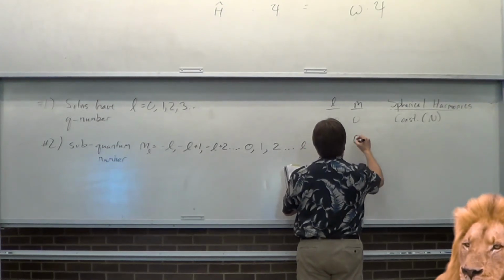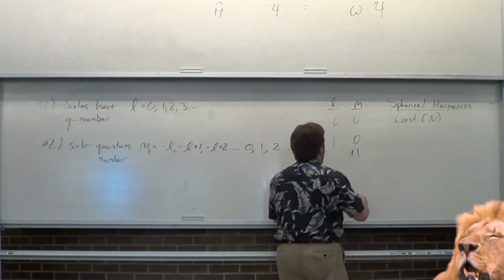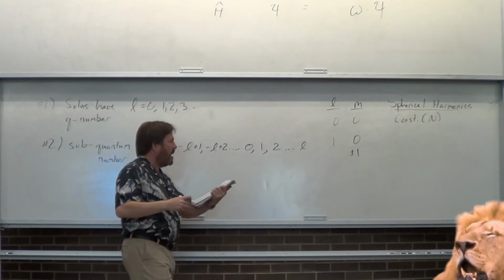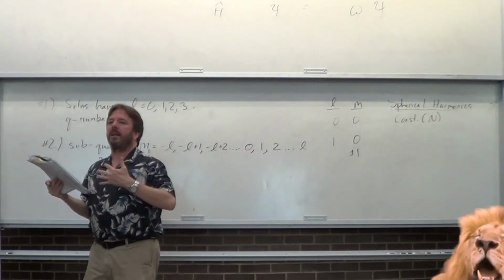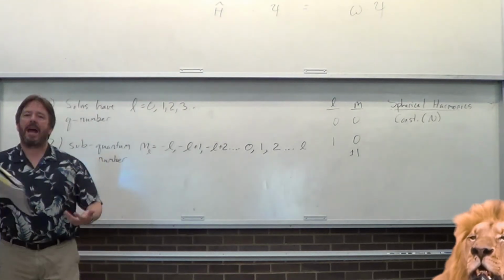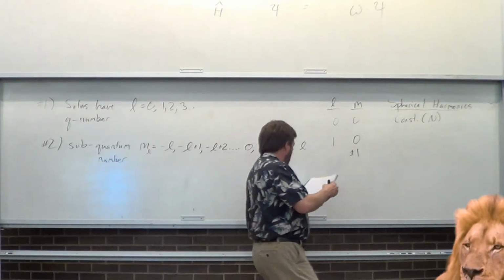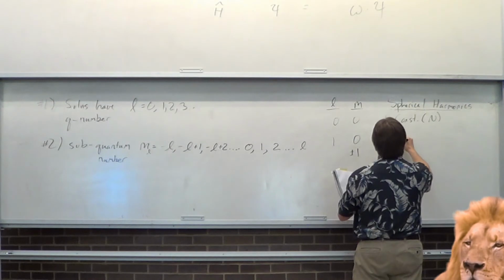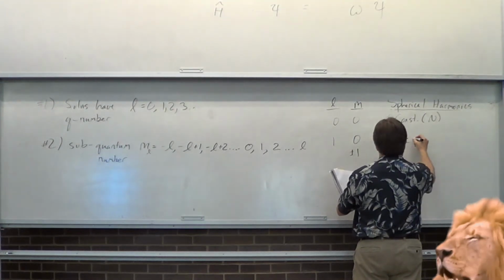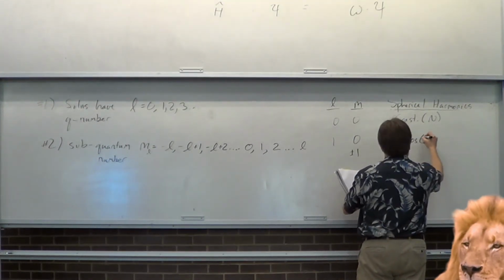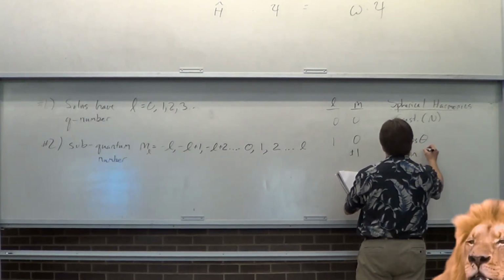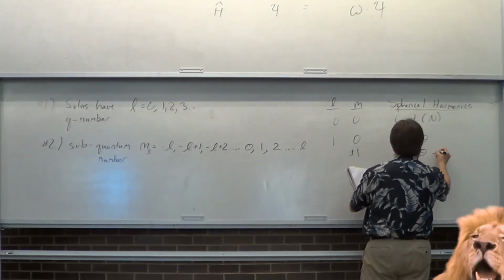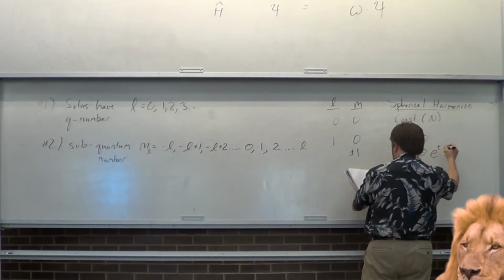Okay, L is 1, you've got 0 and plus or minus 1 for your M. So when solving this and the person's doing L equals 1, there are 3 natural answers. And of course there's always a normalization constant. There's actually a pattern to this that I don't think is part of the solution.